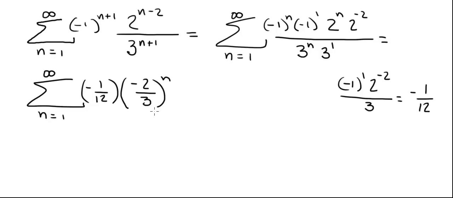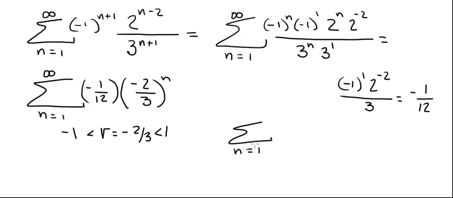Now this is a geometric series with r being -2/3. So r, the common ratio between terms, is -2/3. It's less than 1 and greater than -1. This series is going to converge. But note that this series starts at 1, and in standard form a geometric series that starts at 1 should look like this in order to use the formula.